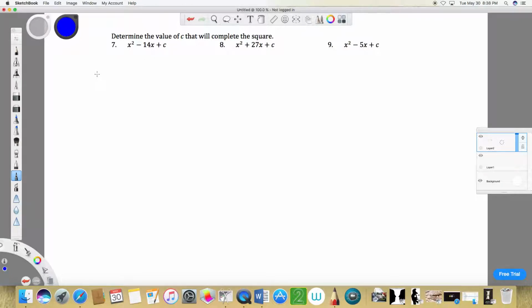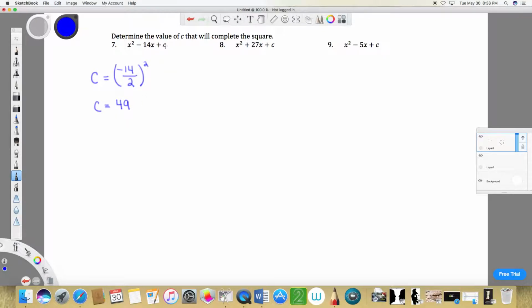This c will always be, if this is in standard form, you take the coefficient of the middle term, that negative 14, you take half of it, and you square it. Okay, well, what will that do? That gives us a negative 7 squared, which is 49.